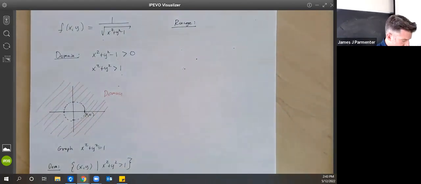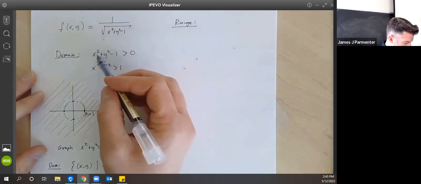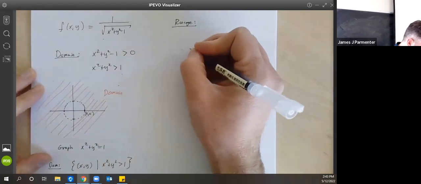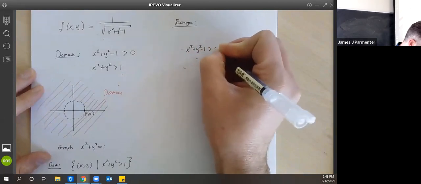So here's where using your domain actually is going to be somewhat helpful. If I'm thinking about the range, I know that x squared plus y squared minus 1 has to be greater than 0.